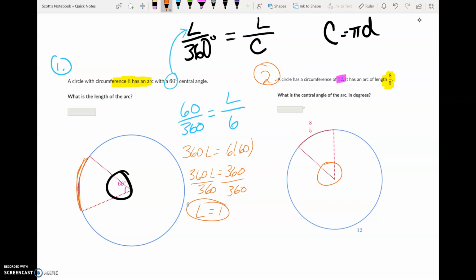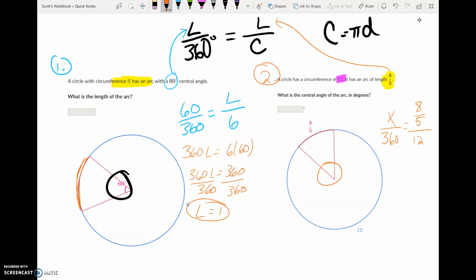You could plug any variable in there, or you could keep that angle sign. I'll put x over 360 equals, okay, it tells me the arc length, so that's going to go in for L up here. So that would be 8/5 over the circumference, which is 12.